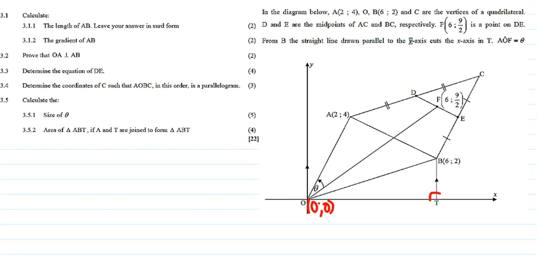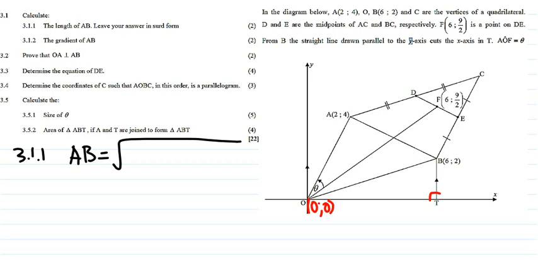Okay, the length of AB. That is probably a question which you will regard as an insult to intelligence, I know, but for the sake of it, it's 2 marks, so let us do it. The length of AB, we'll use the distance formula, and we have that from the information sheet.